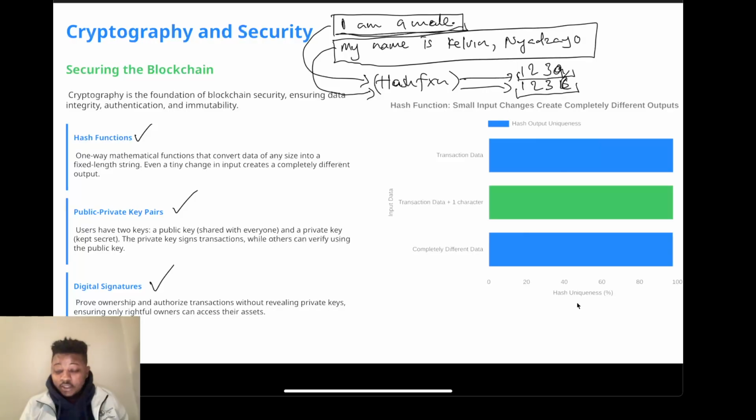So in essence, we have a public key, then we have a private key. This is more like how you identify yourself. The public key is more like your public name.